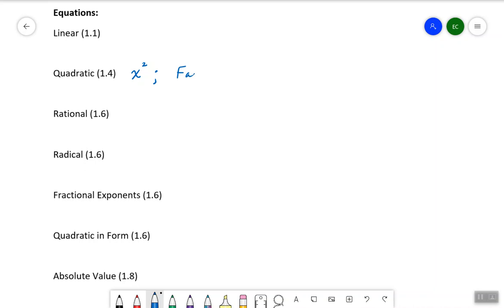The first way was by factoring. And remember, we learned a special type of factoring called factor by grouping. Be sure you can do that on the exam. We also learned a quadratic formula.